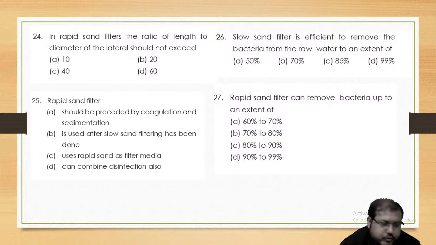Question number 24. In rapid sand filters, the ratio of length to diameter of the lateral should not be exceeding 60. Question 25.